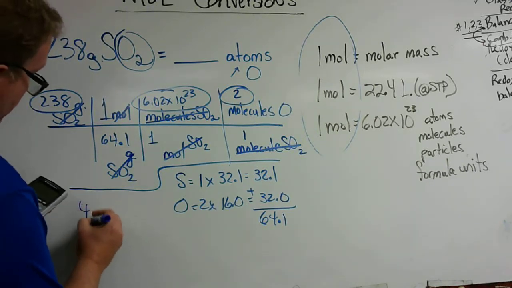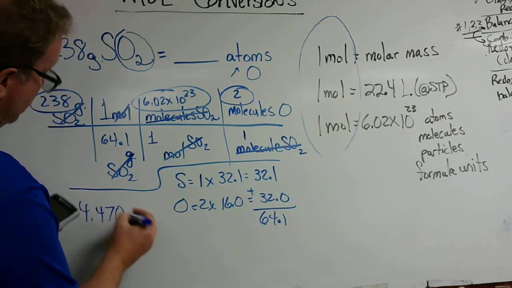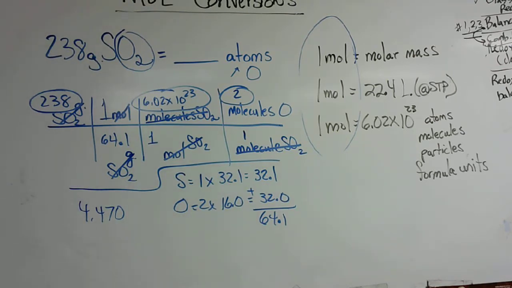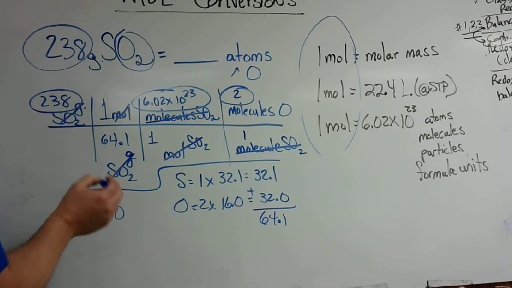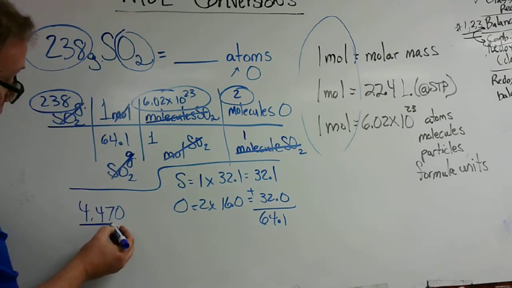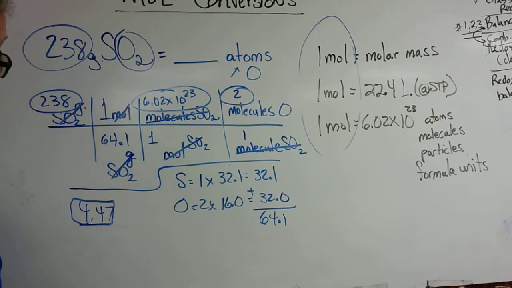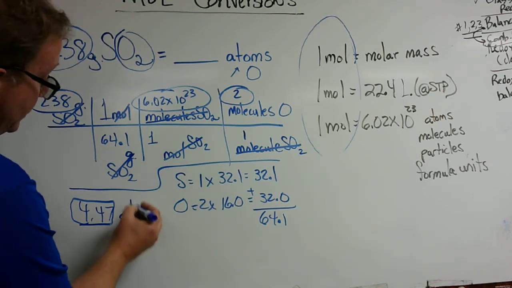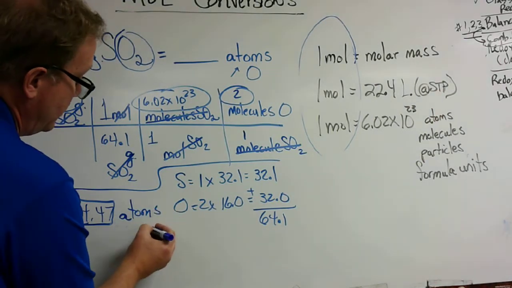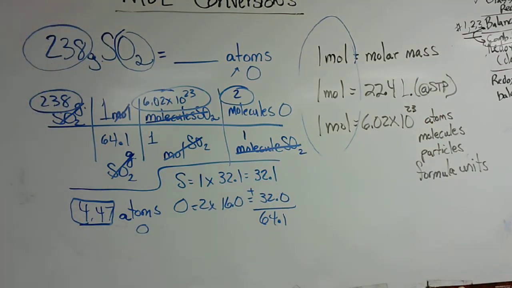So we got 4.47039 or whatever it is. I know if I'm looking here, I've got 3 numbers here. I want my answer to be in 3 numbers. So I'm going to remove the 0, and this is going to be atoms of O.